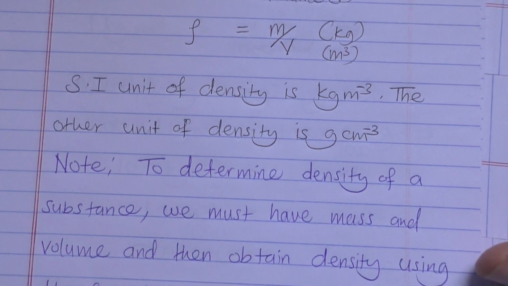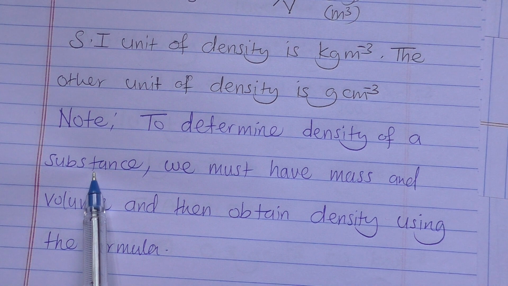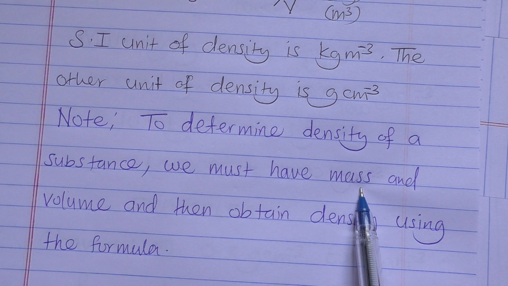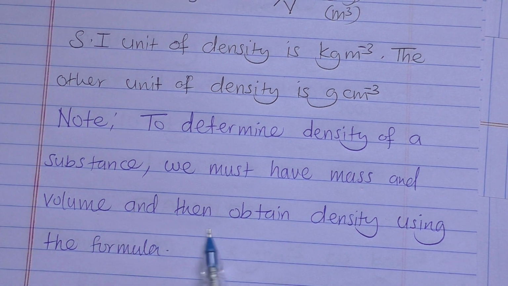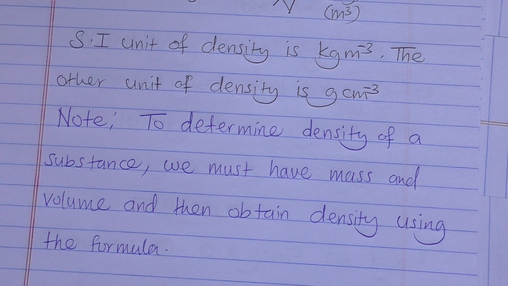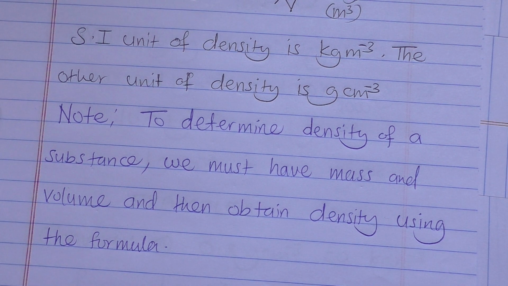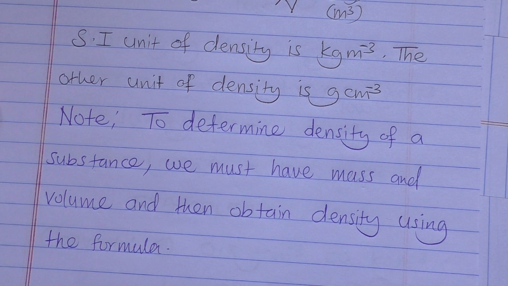We have a note which says that to determine the density of a substance, we must have the mass of the substance and its volume. Then we obtain the density using the formula. And that implies that density is a derived quantity, derived from mass and volume.